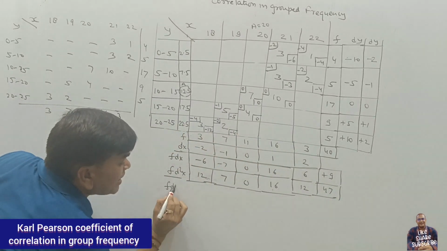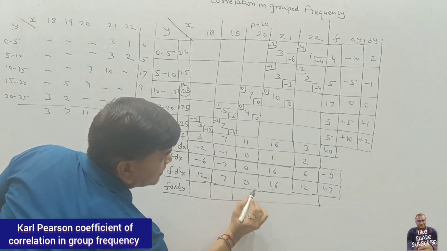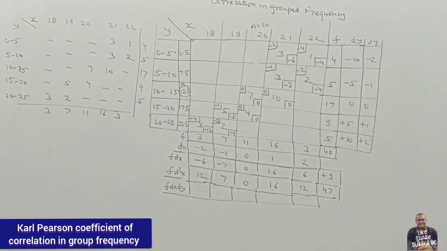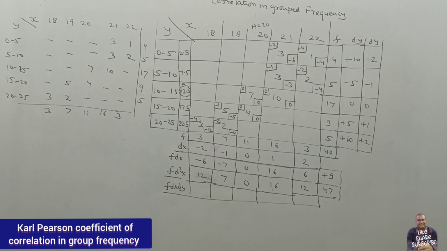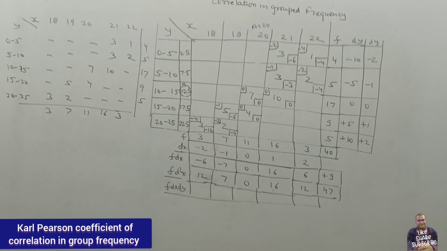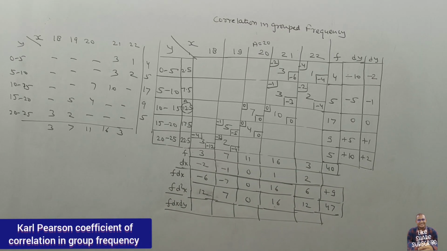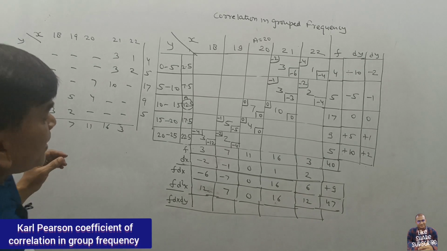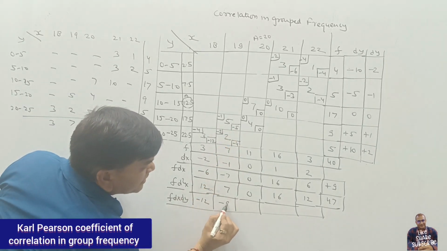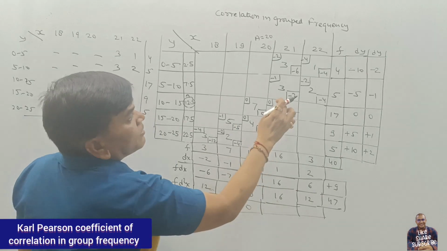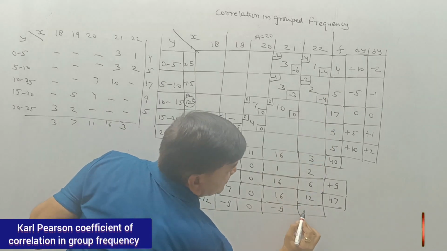And last, f dx dy, we have to calculate f dx dy. For getting f dx dy, the addition: minus 12, minus 5 and minus 4, that is minus 9, 0, minus 3 and minus 6, that is minus 9, minus 4 and minus 4, that is minus 8.